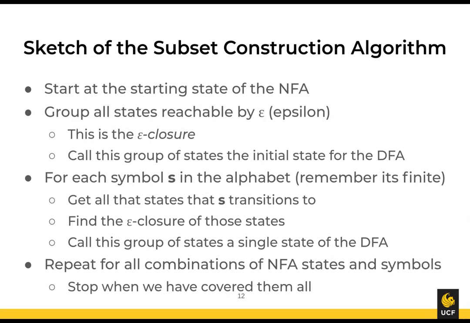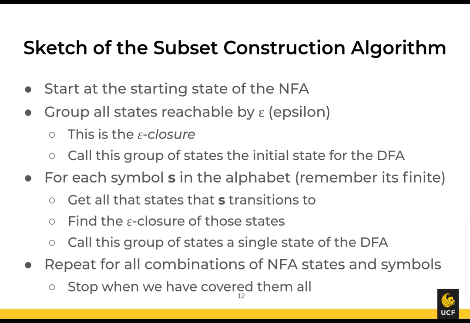You can quickly see that, for a human to do, this is pretty tedious to sit down and do. But a computer can implement this algorithm really, really easily. It doesn't get bored doing it. Then you go through every symbol in the alphabet, and you record all of the sets of states that transition to other sets of states.